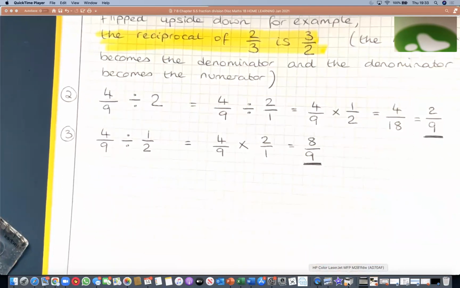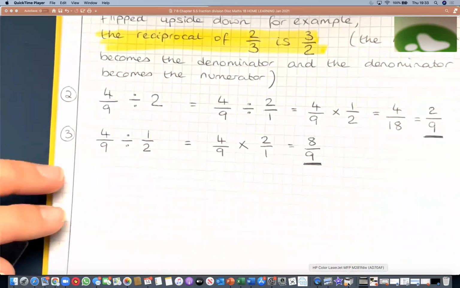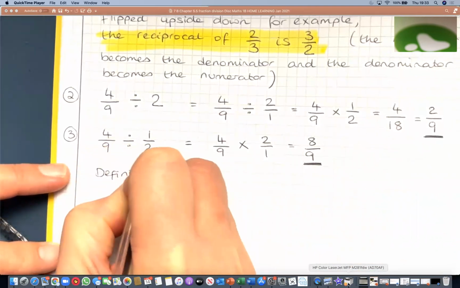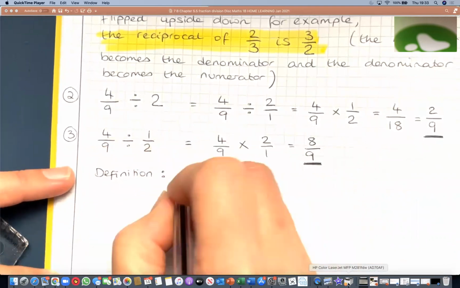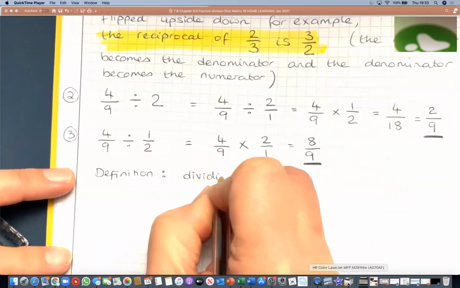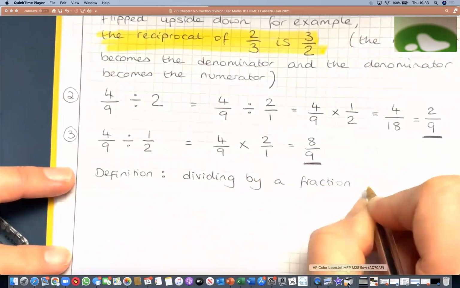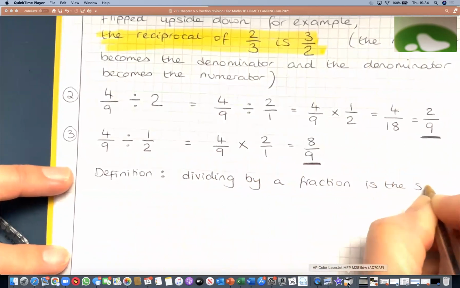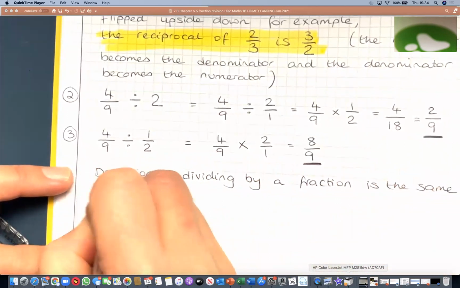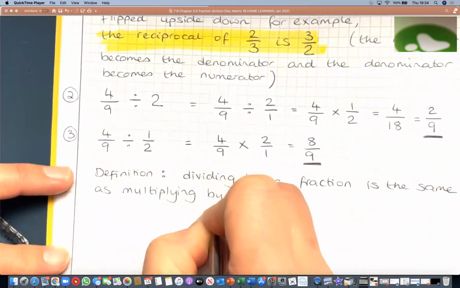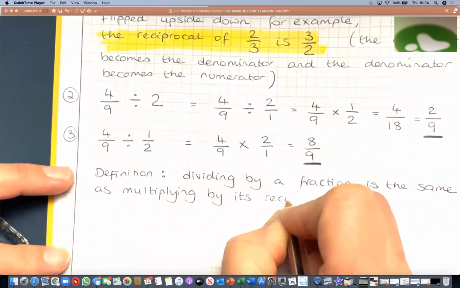So let's get some definitions down so that we know that this makes sense. We've got our definition for reciprocal, but our definition for dividing by fractions we need to write down now. So let's put a definition down. Definition: dividing by a fraction is the same as multiplying by its reciprocal.